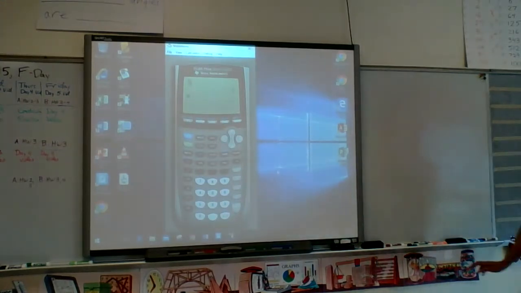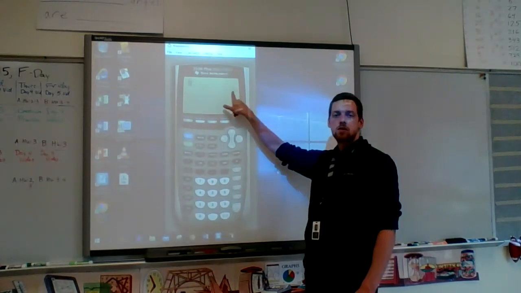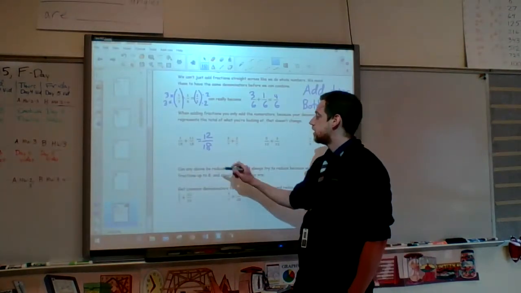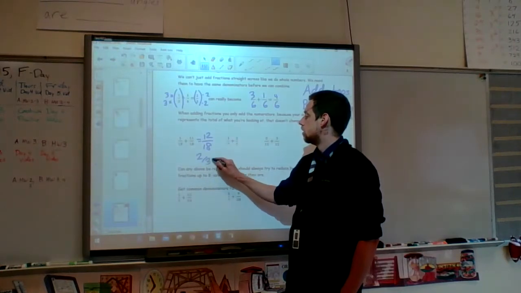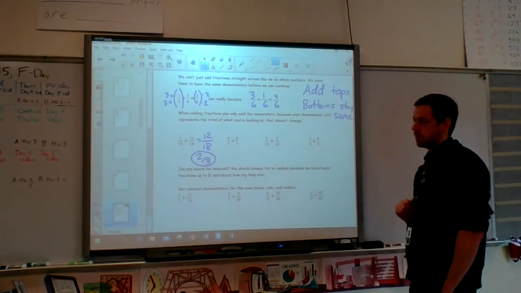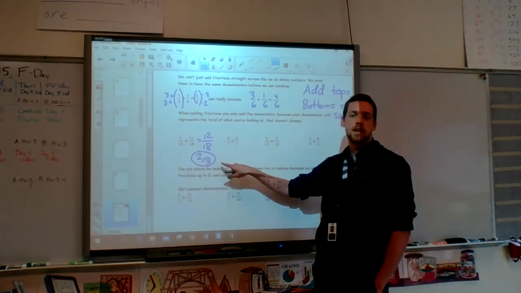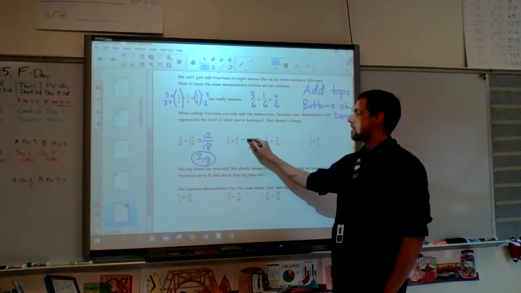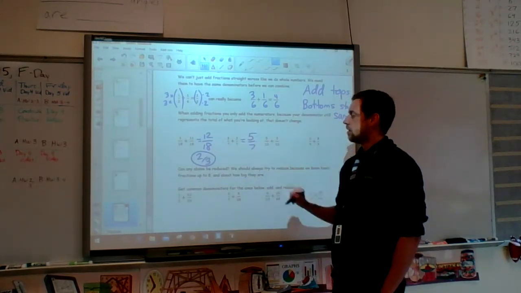My calculator will already reduce it for me into 2/3. So here 12/18 can reduce to 2/3. Right? I could divide them both by 6 to get it down to here. Alright, these ones, add the tops, keep the bottoms the same.